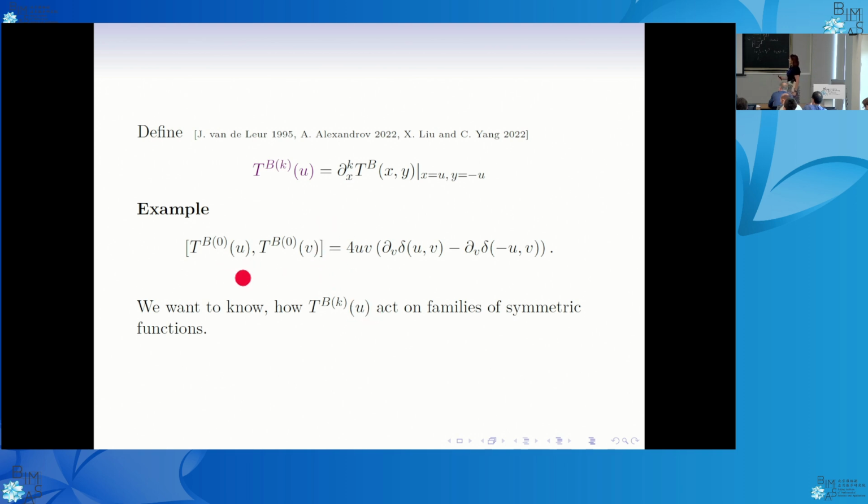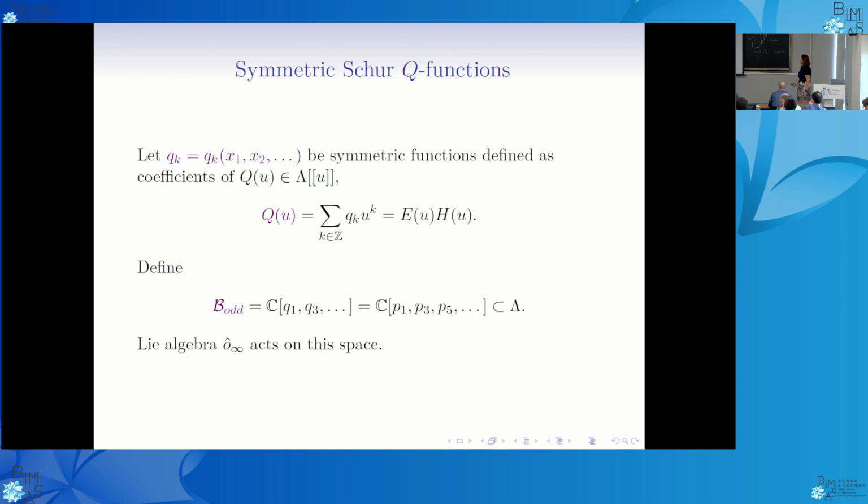In particular, this is the commutation relation between the zero level generating functions here. So it's some kind of variation of the Heisenberg algebra. Instead of Schur symmetric functions, the right object here is Schur Q-functions.